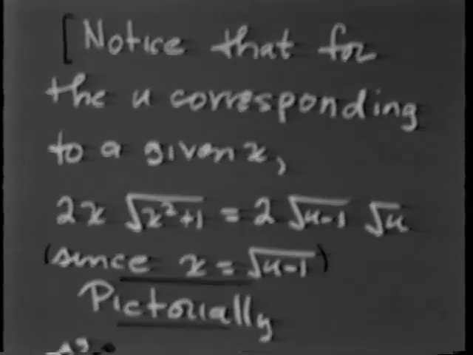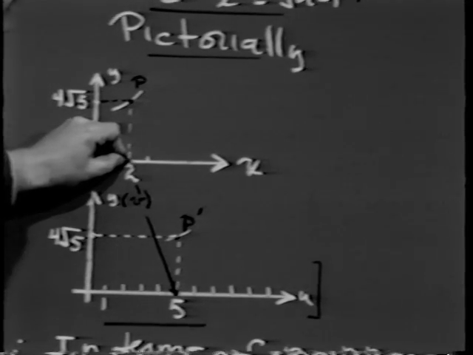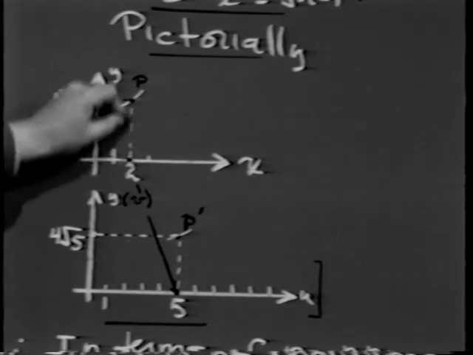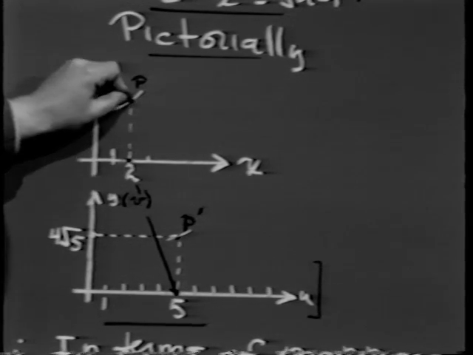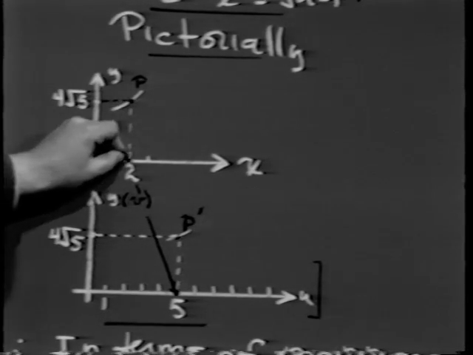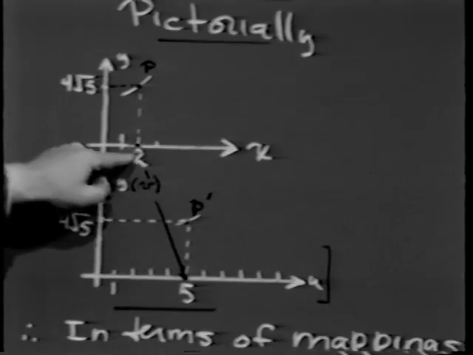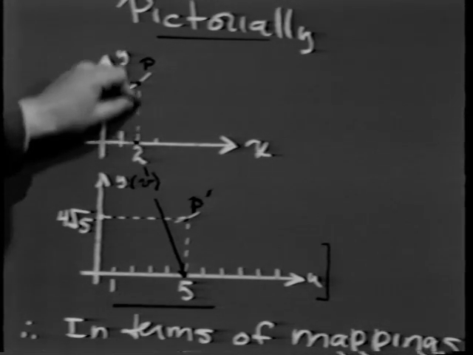In other words, again in terms of a picture, if I start with the point on the x-axis, x equals 2, and I'm looking at the point P being the point on the region R directly above x equals 2, since 2 gets mapped into 5 by the mapping u equals x squared plus 1 (2 squared plus 1 is 5), what was the height that went with the point 2 over here?